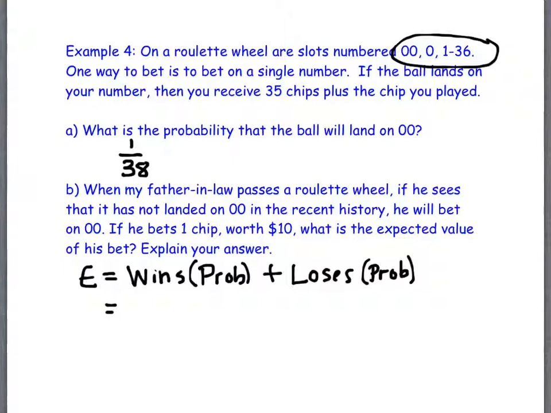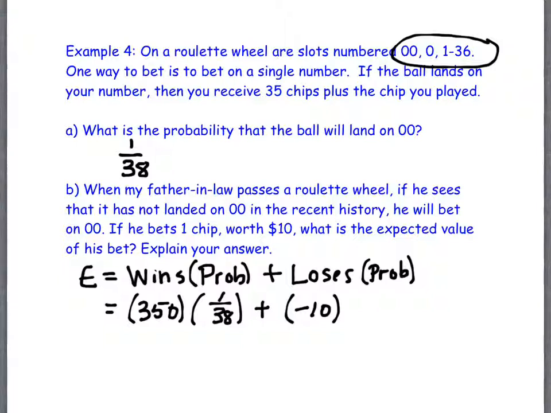So he wins $350. How likely is he to win? 1 out of 38. That was part A. If he loses, how much does he lose? $10. Since it's a loss, we're going to say it's negative 10.